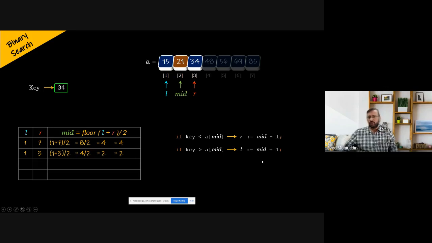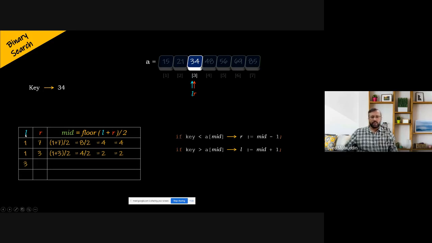Even here, if you observe, L is mid plus 1, not equal to mid, because they are non-overlapping and mid we have already checked. So L moves to mid plus 1. Mid was 2, so L moved to 3. And then the left part of the array is now ignored, not checked again.